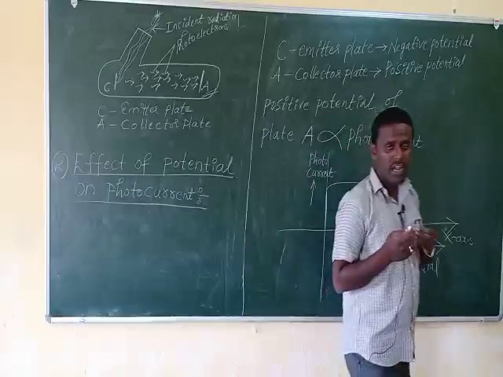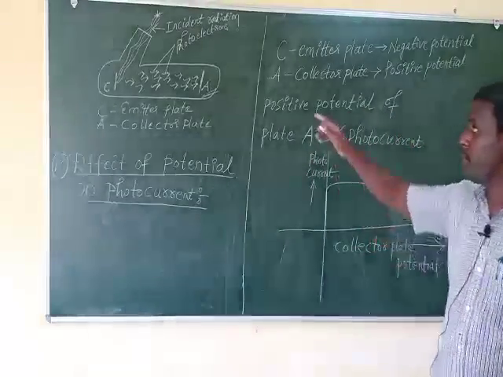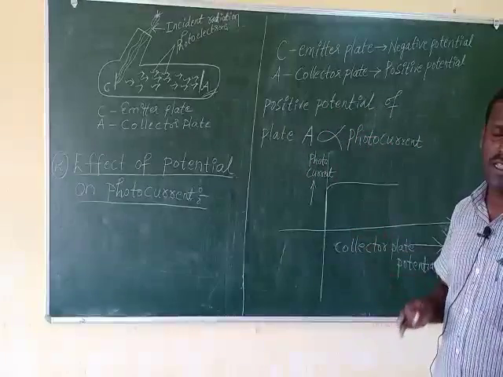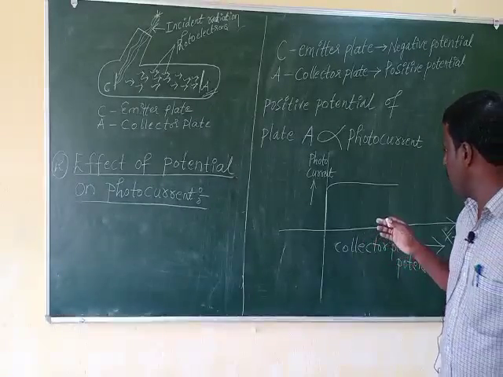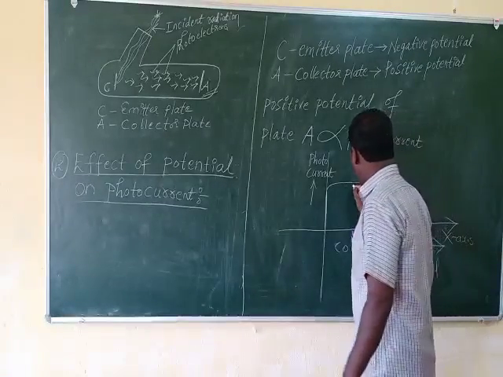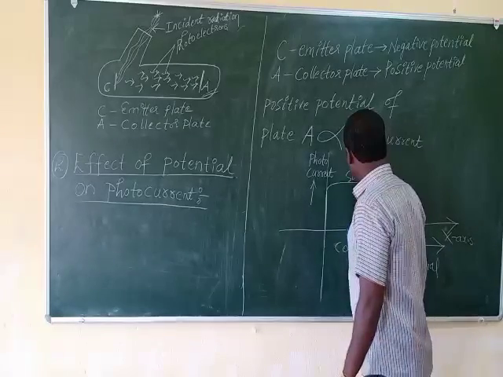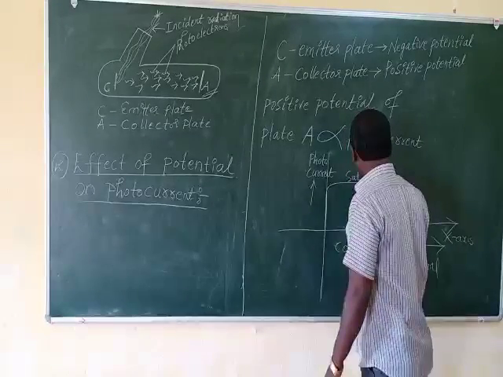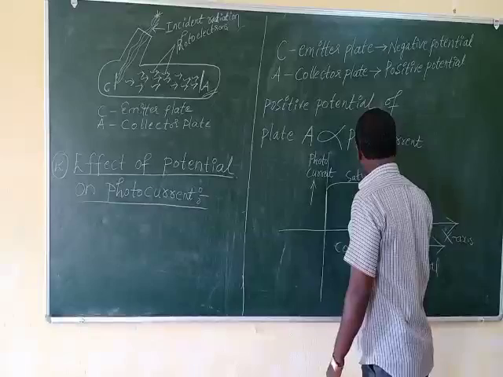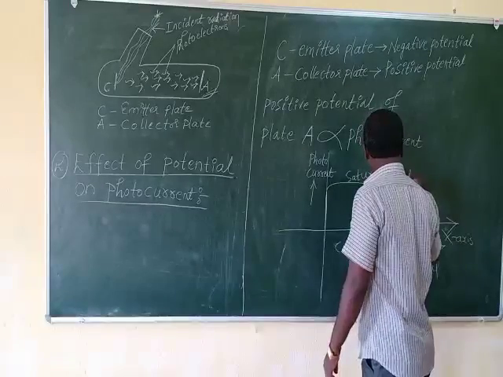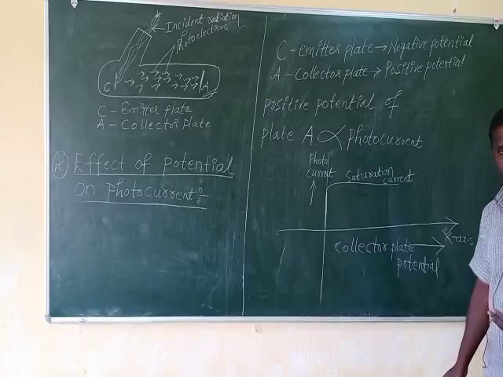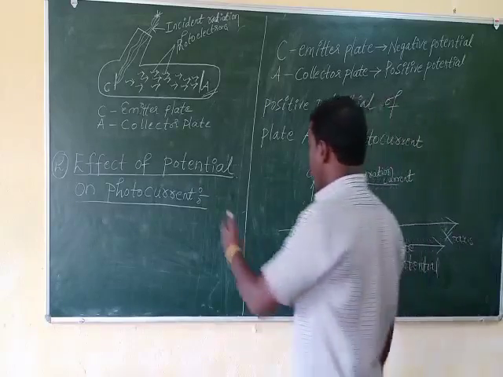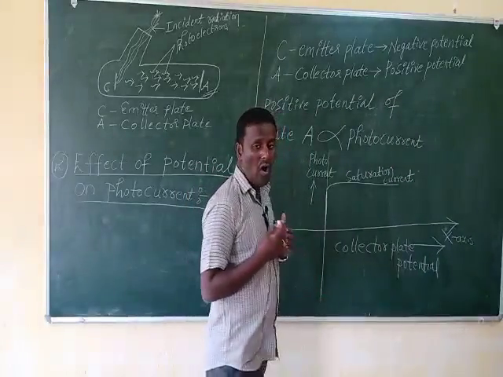If you keep increasing the potential of A, the current does not increase; it remains at a fixed value. This fixed value of current is called saturation current. After that the photo current is not increasing.